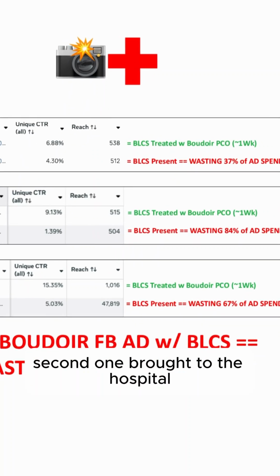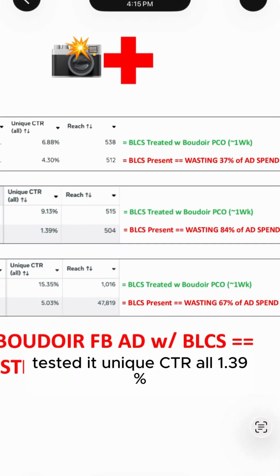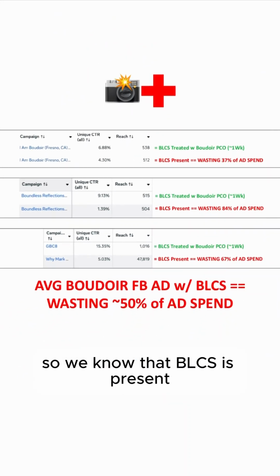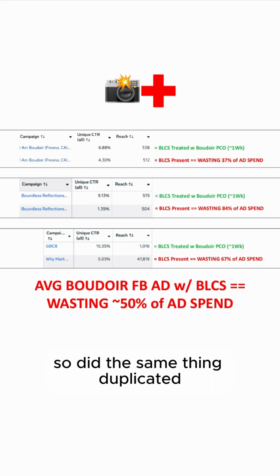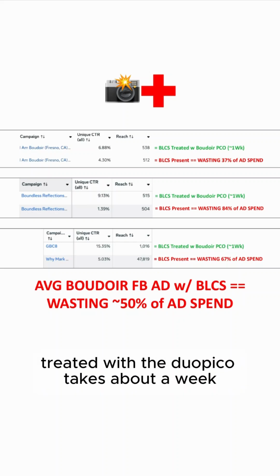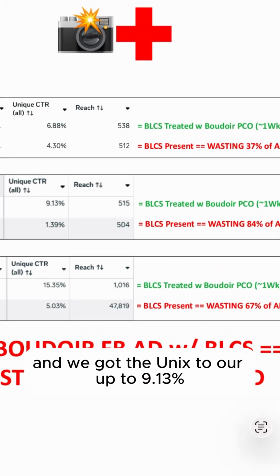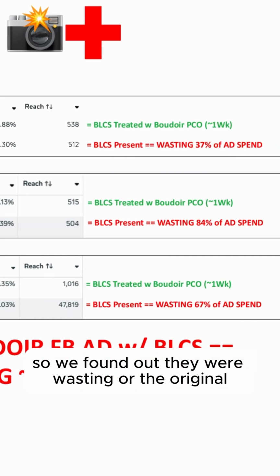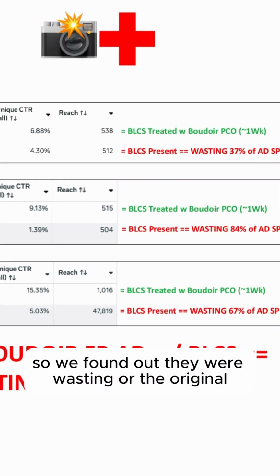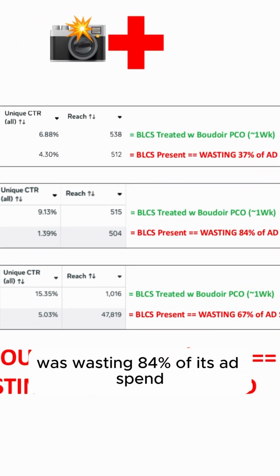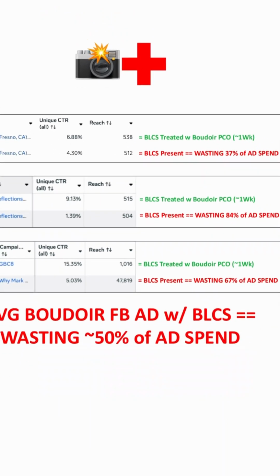Second one, brought it to the hospital, tested it, unique CTR 1.39%. So we know that BLCS is present. So did the same thing, duplicated, treated it with boudoir Pico. Takes about a week, and we got the unique CTR up to 9.13%. So we found out the original was wasting 84% of its ad spend.